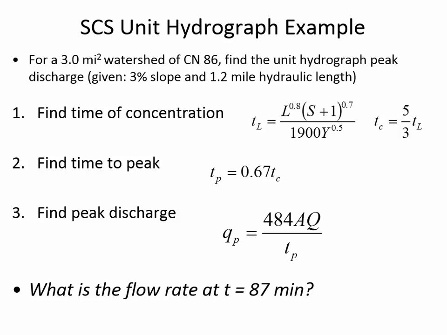Now what we want to look at is the amount. How big is the peak going to be? We know when the water gets there. How much of it will there be?